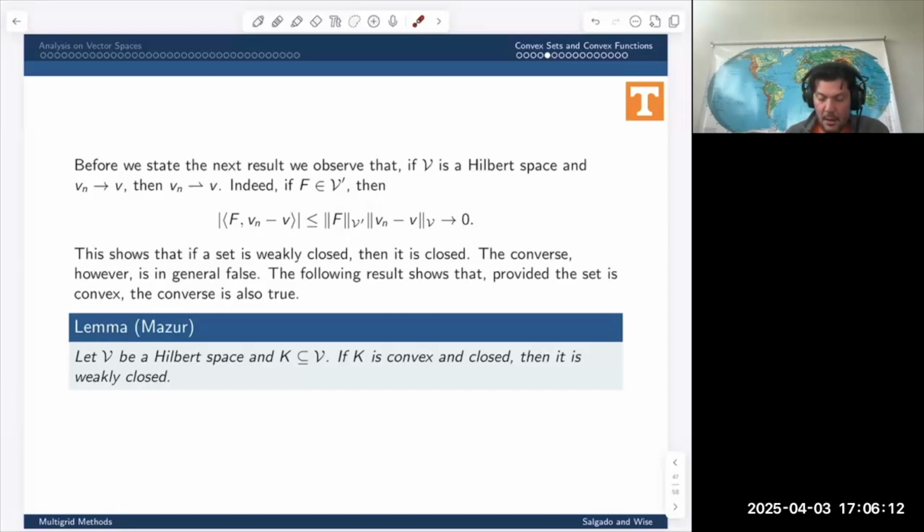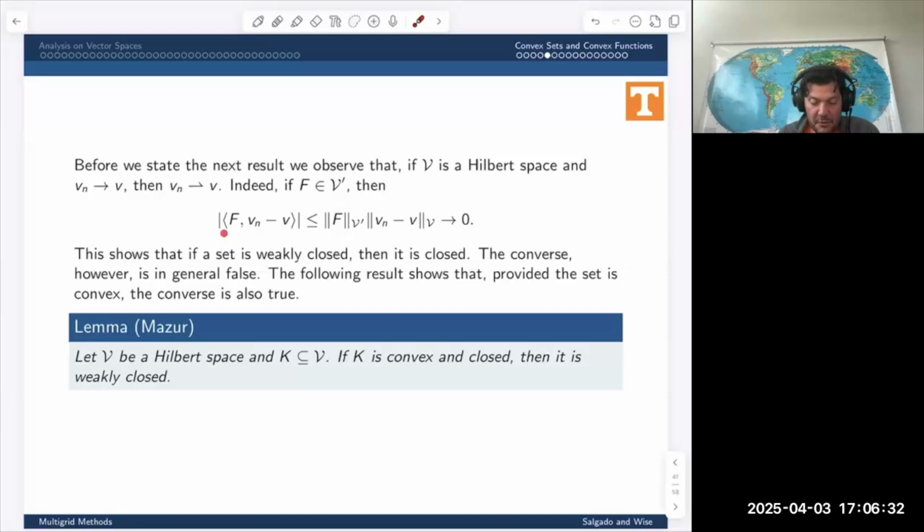How do we see that? Well, remember what was the definition of weak convergence? It means that f acting on this difference, where f is any functional from this space V prime, the dual space of V, has to go to 0.